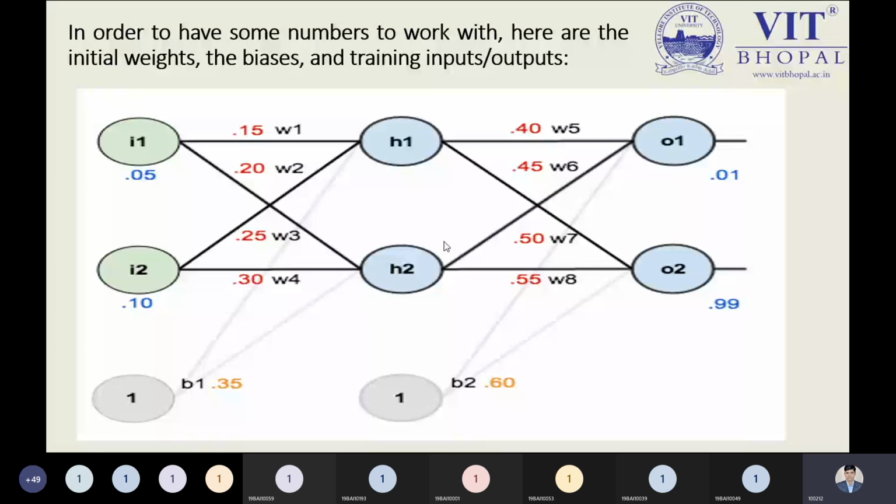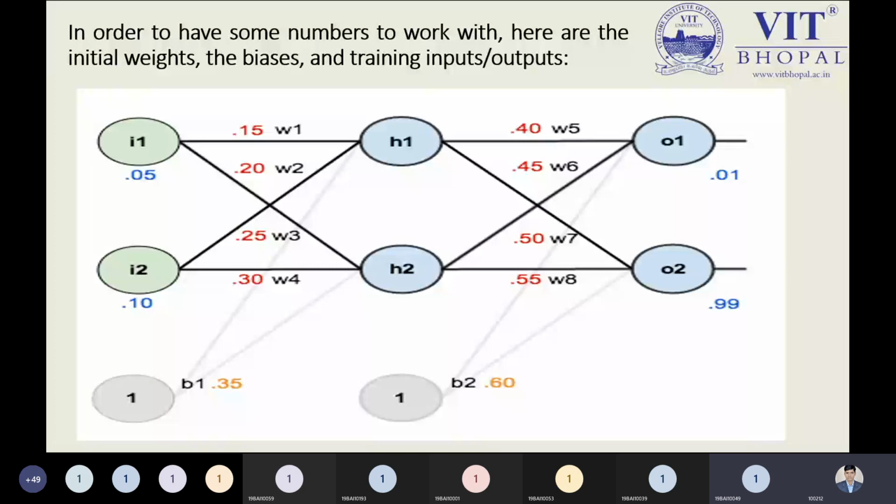So what is the point at the hidden layer? What do we need to do? We need to calculate the input value of the hidden layer. That is the point you people are required to keep in mind. How can we calculate it? If you remember the idea we have discussed, how can we calculate?